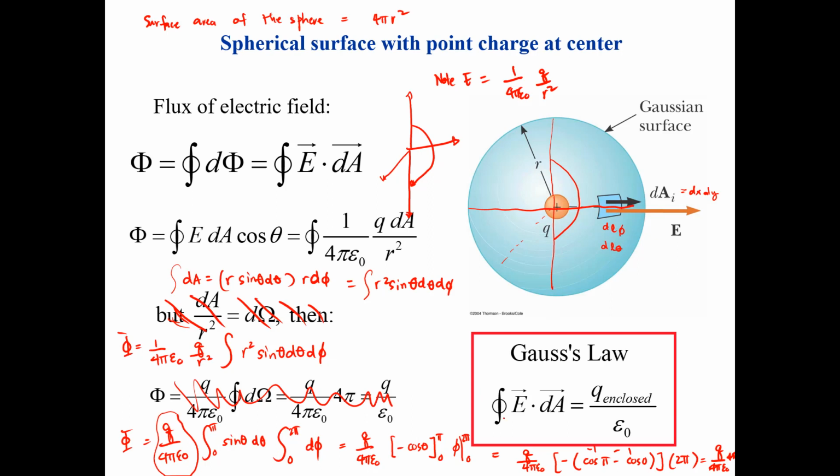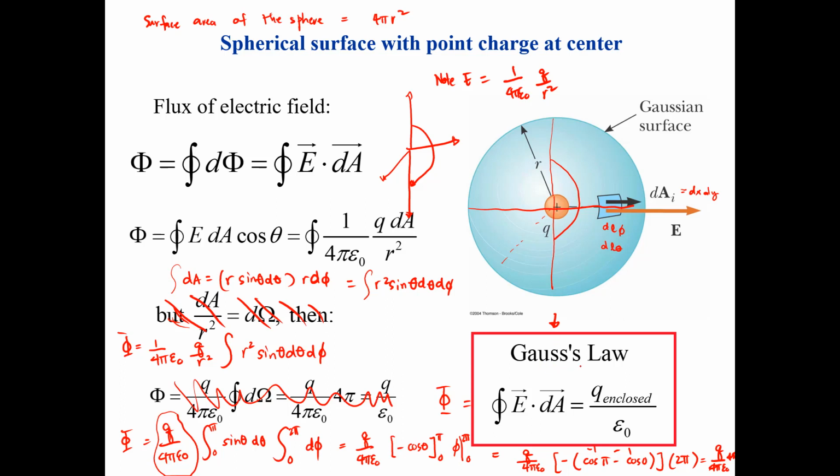Okay, so Gauss law is equal to that equation. So the closed integral comes from the flux, class. So flux is equal to the closed integral of E dot dA, and it is equal to Q enclosed over epsilon naught. Now, this is for a point charge surrounded by a spherical surface. Okay?